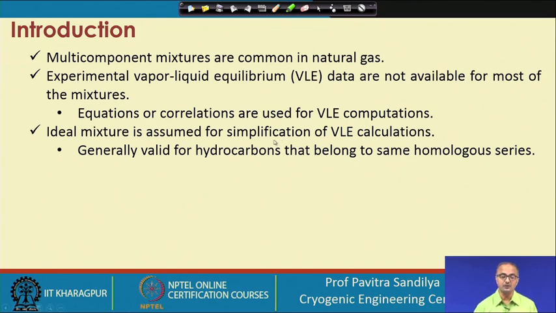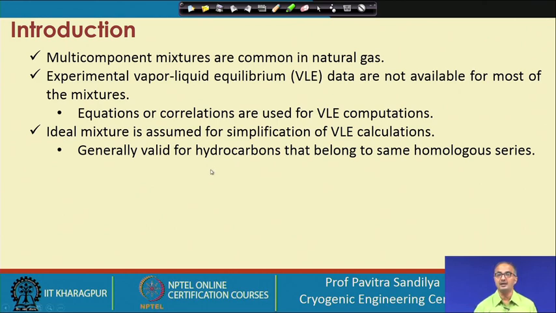Now, generally what we do is assume an ideal mixture, and as we know, an ideal mixture is when both the liquid phase and the vapor phase are ideal. Many a time we make this ideal system assumption so that we can simplify our computations and analysis.